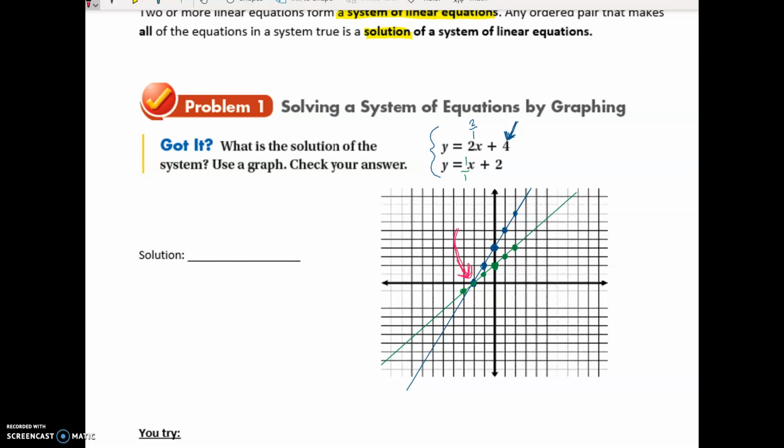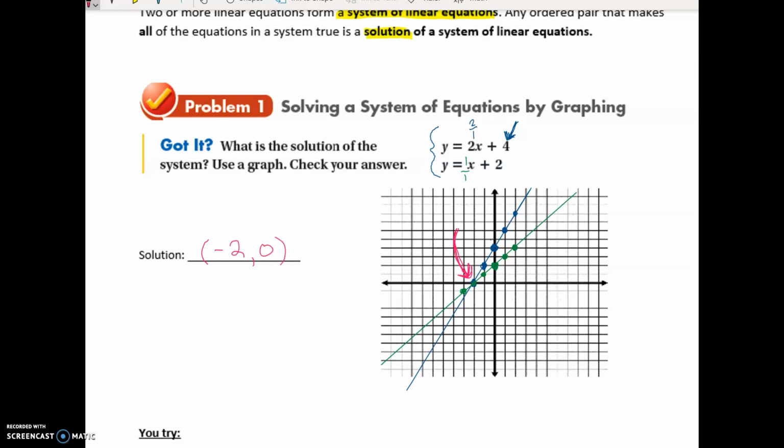So that point would represent the solution to the equations. In this case, we would go -2 and then 0. So my solution would be an ordered pair at -2, 0. I can certainly check that.